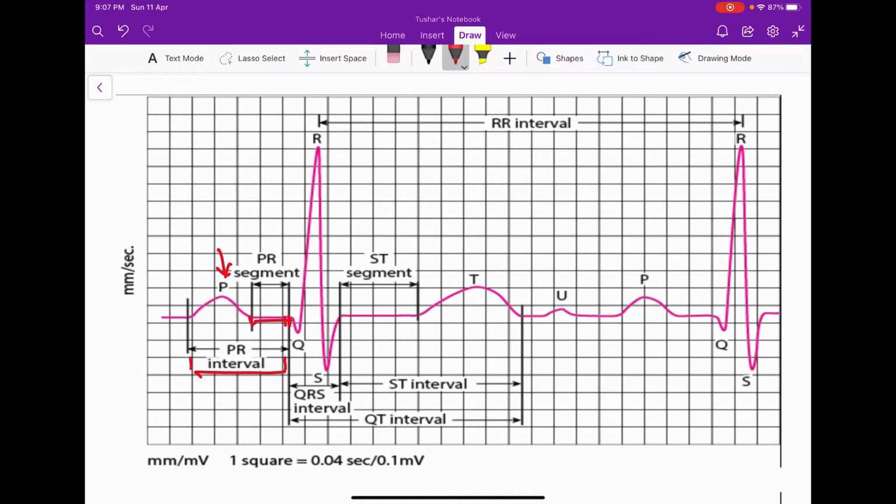From here to here is the QRS interval. This is the ST segment from here to here. From this place to this place is the T wave. And this is the U wave, which I have already explained before. So this is the basic graph of an ECG.